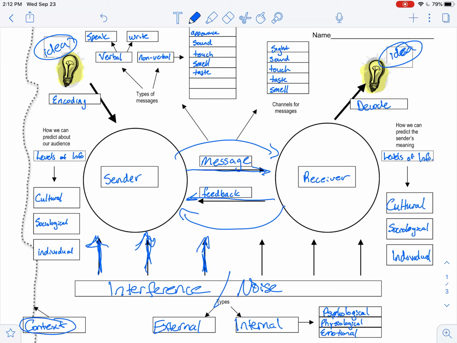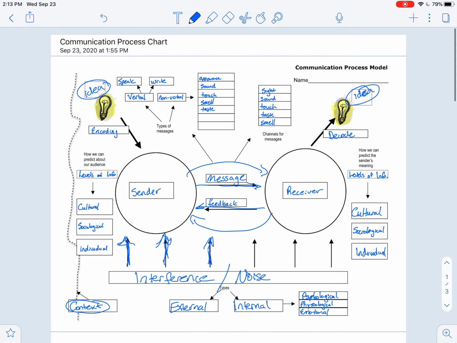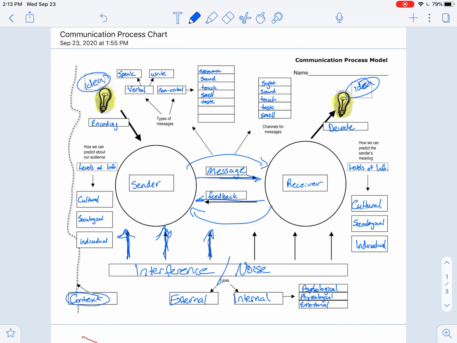What if it's the same person, asking you for your number at a social event or asking you for your number at work? That's different. The context is different. So you have to be aware of context when you're communicating, both as a sender, are people going to be aware of what you're trying to say and how you're trying to say it, and as a receiver, how something is being perceived. So that matters.